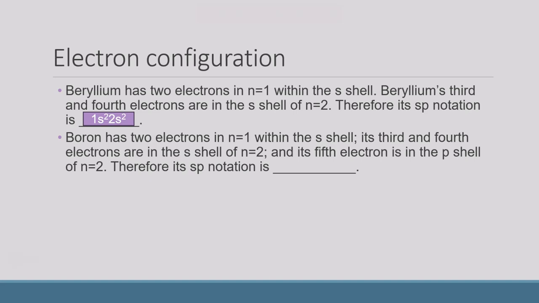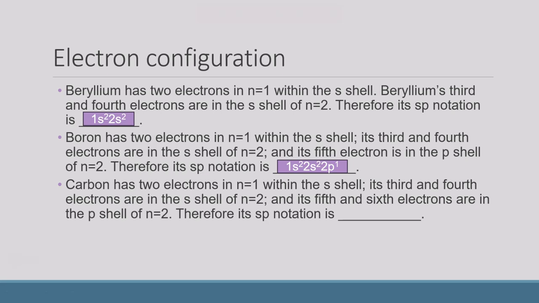Its third and fourth electrons are also going to sit in the 2s shell, but it has a 5th electron that now has to fit inside the p shell of the second energy level. So the spectroscopic notation of boron is 1s2, 2s2, and 2p1. Again, if we say 2 plus 2 plus 1, we get 5, which is the number of electrons that are present in a neutral boron atom.